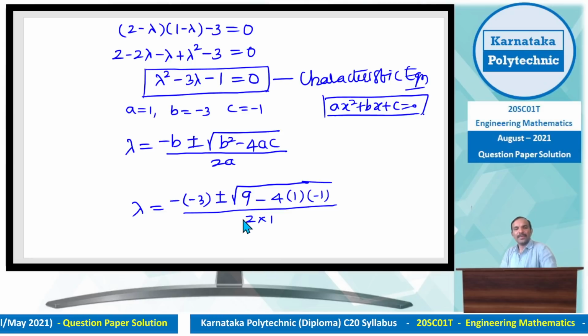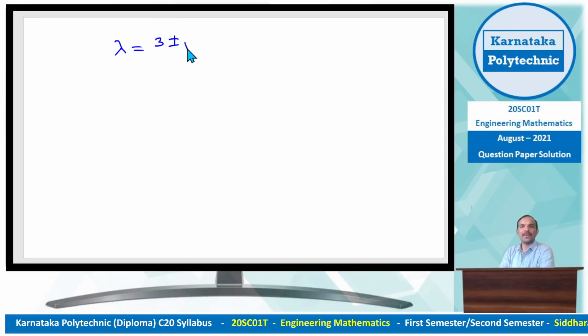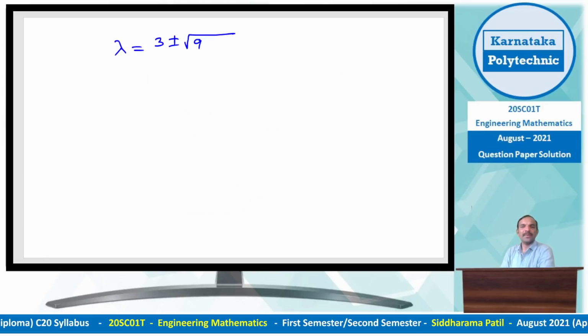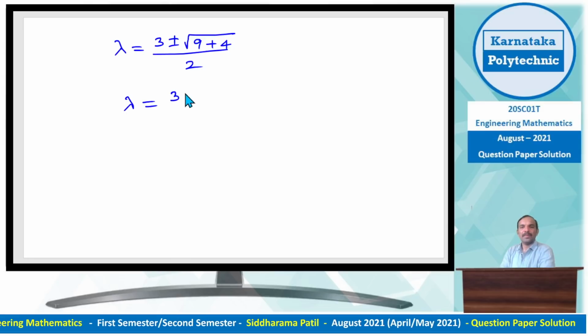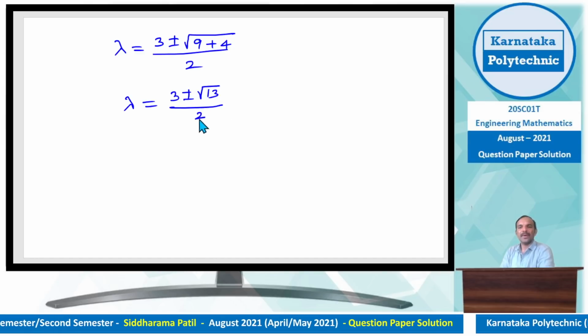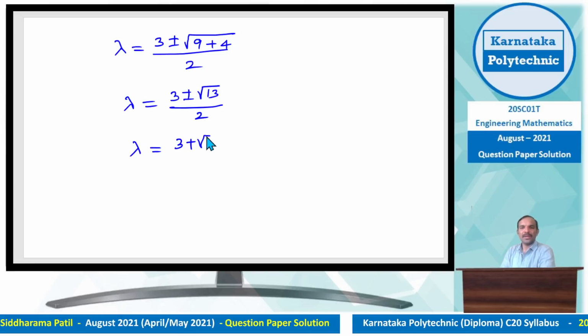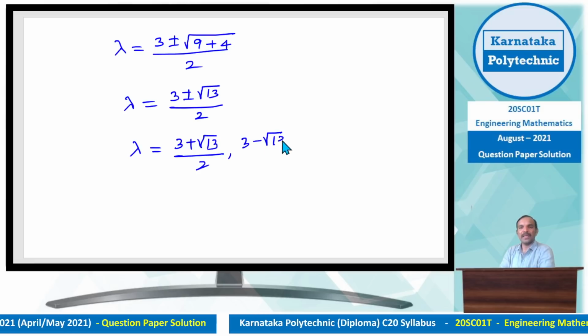Next lambda equal to 3 plus or minus root of 9 plus 4, divided by 2, that is lambda equal to 3 plus or minus root 13 divided by 2. Therefore lambda equal to 3 plus root 13 divided by 2, comma 3 minus root 13 divided by 2.